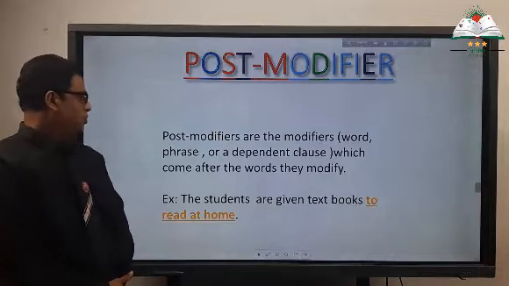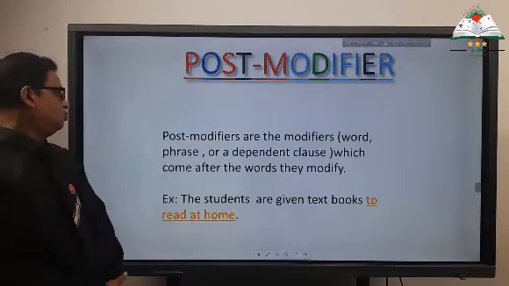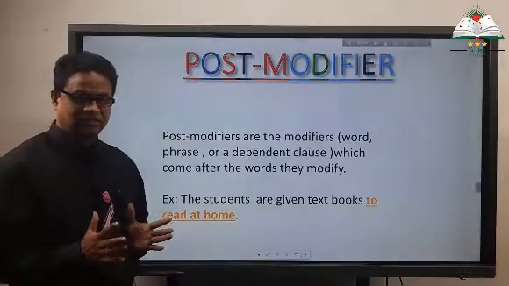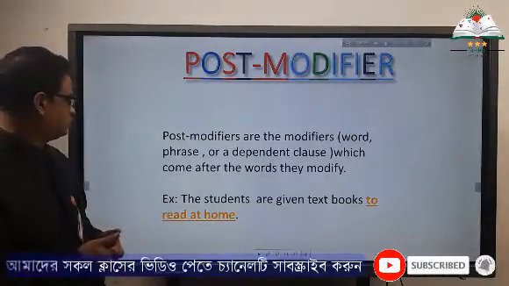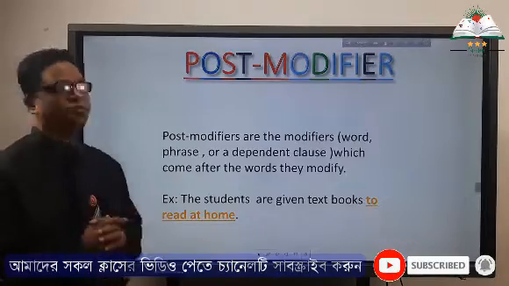Let us know what post-modifiers are. Post-modifiers are the modifiers, like a word, phrase or a dependent clause, which come after the words they modify.